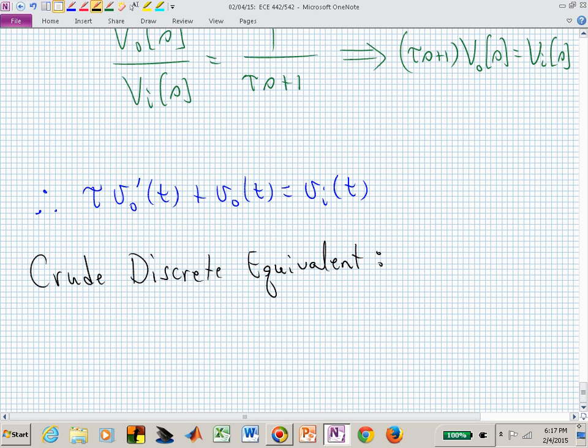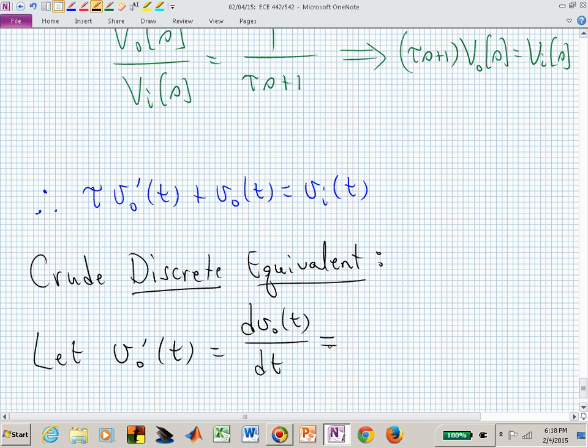We will develop better tools for finding discrete equivalence than what we're doing now, but let's just approximate this derivative. Let me say approximately dV naught, that's just a difference between the voltage at two different points in time, and dt is just a delta t.